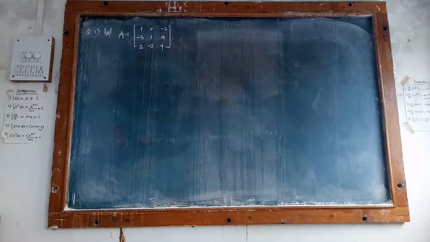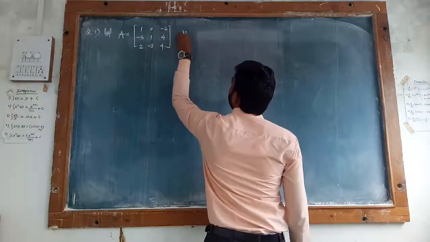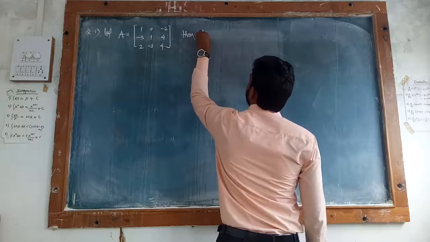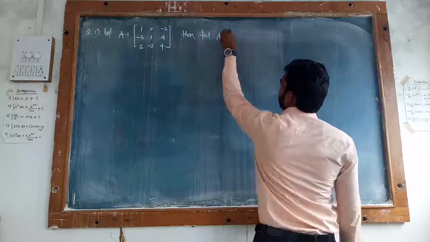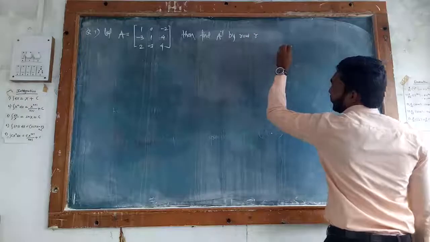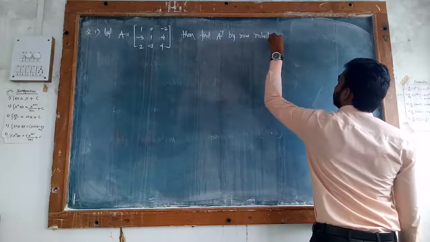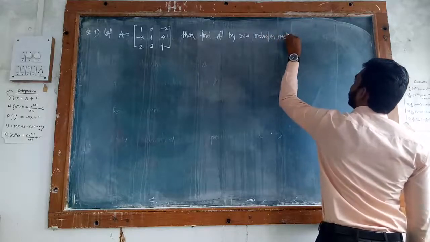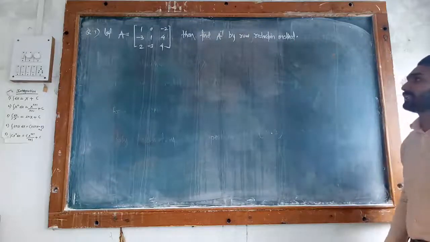Let your given matrix capital A be equal to 1 0 minus 2, minus 3 1 4, 2 minus 3 4. Then find A inverse by the row reduction method. It is a very easy method to find A inverse of a matrix.